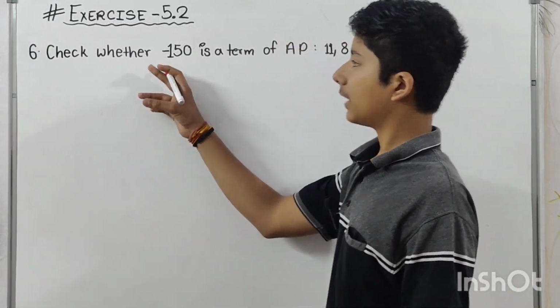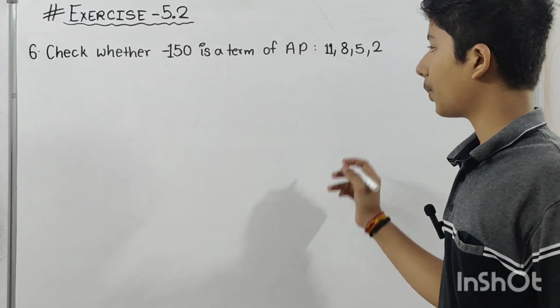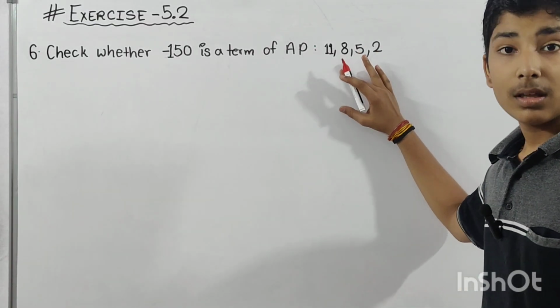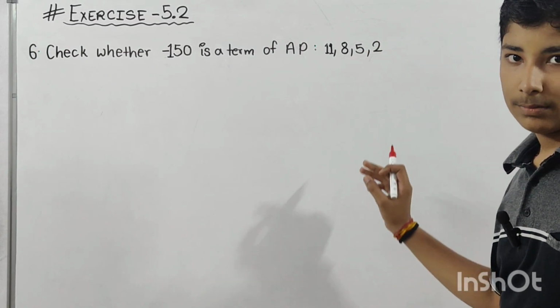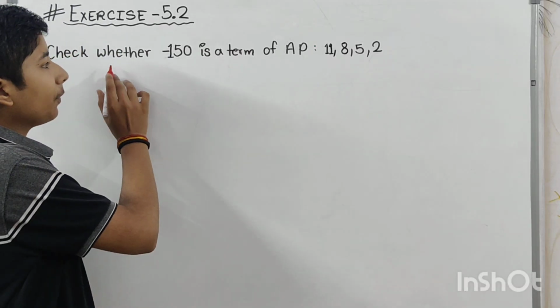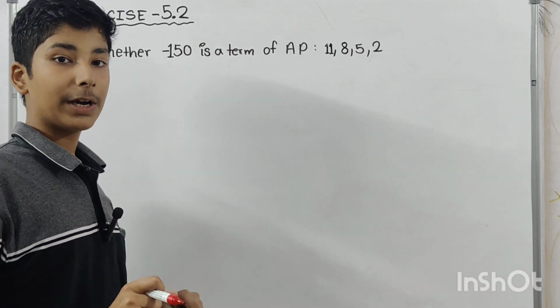Here we have to check whether minus 150 is a term of the AP 11, 8, 5, 2. You can see that the difference is negative because the terms are decreasing. Now we have to check if minus 150 is a term in this AP. So how do you find it?